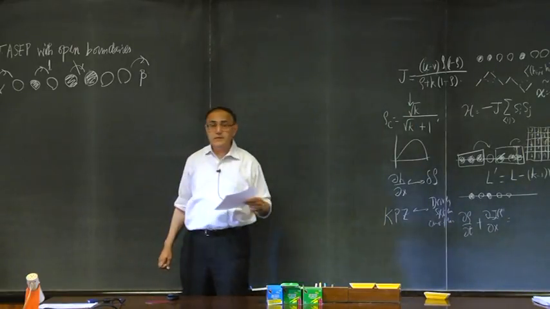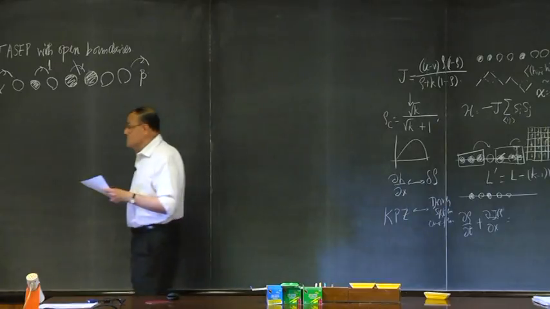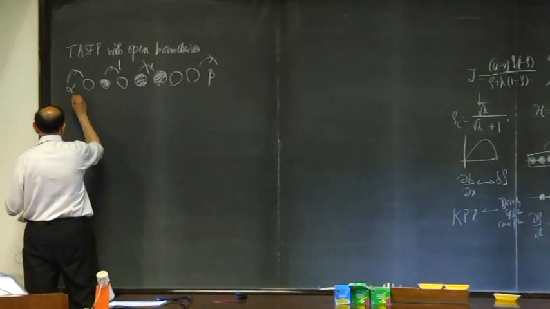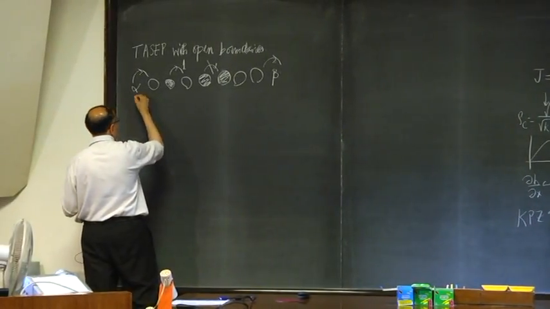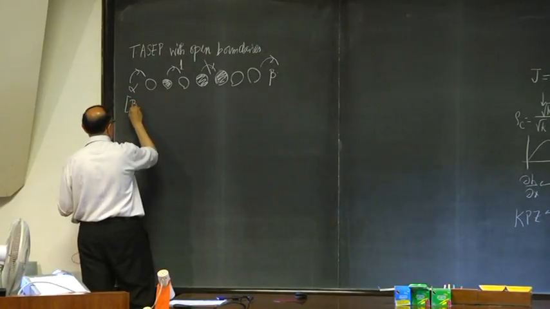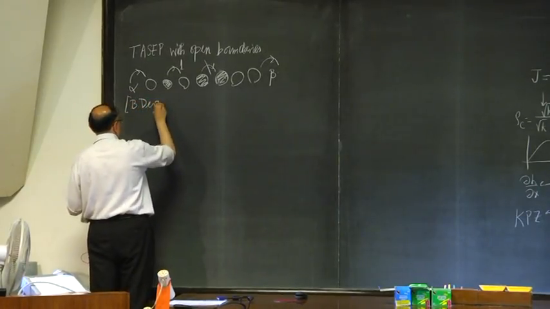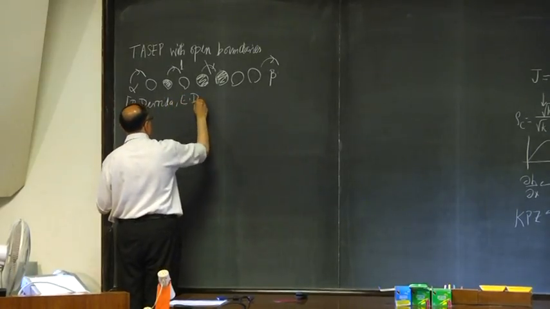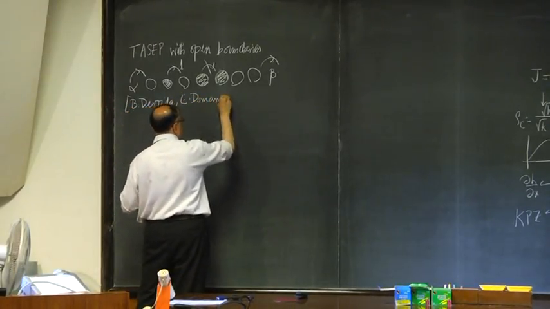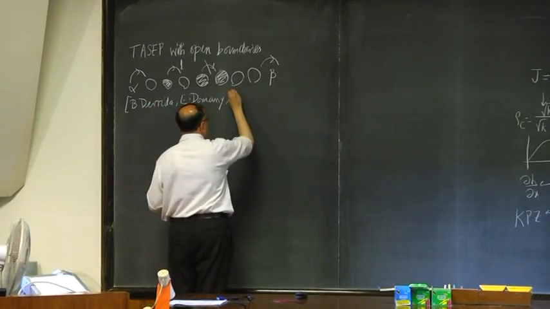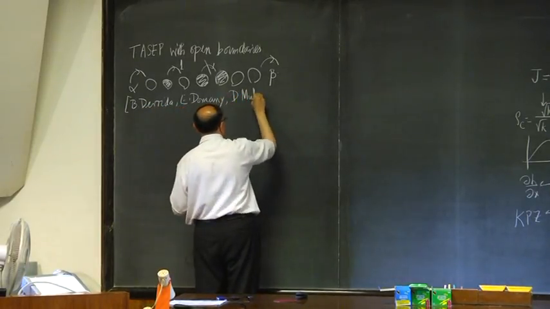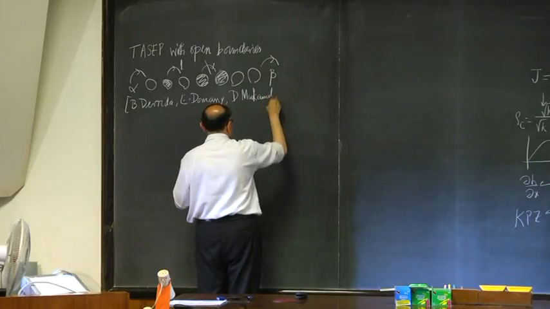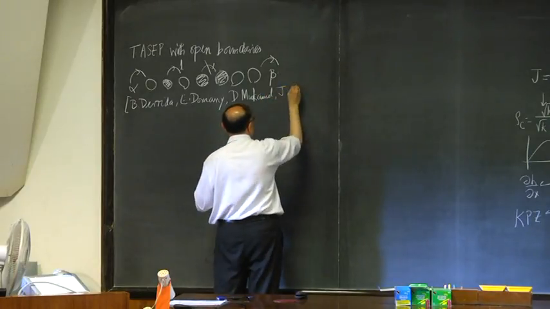But now how can we tackle this problem? So this is, I think, one of the first, if not the first, papers on it: there's a paper by Derrida, Domany, and somebody you know well from last week, David Mukamel, in Journal of Statistical Physics.